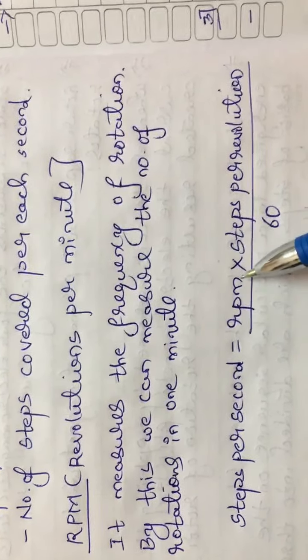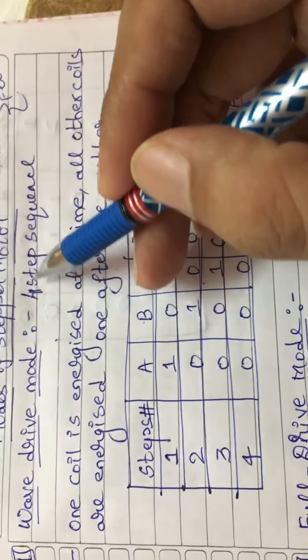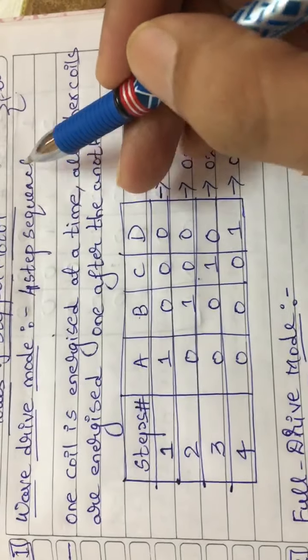Okay, now we will discuss the modes of stepper motor in detail. The first mode is wave drive mode. It is also called the 4-step sequence, right?